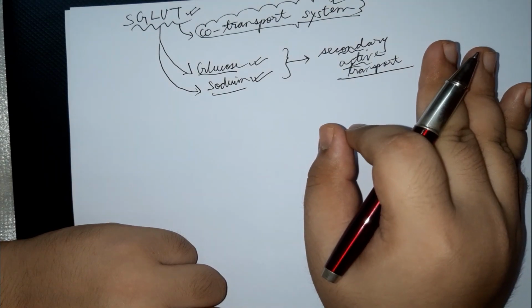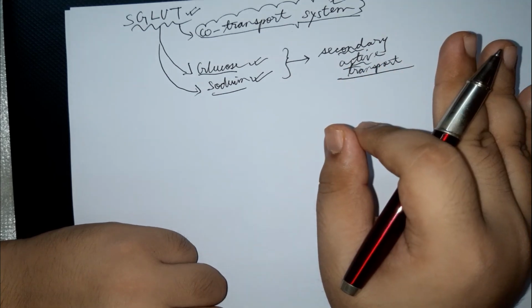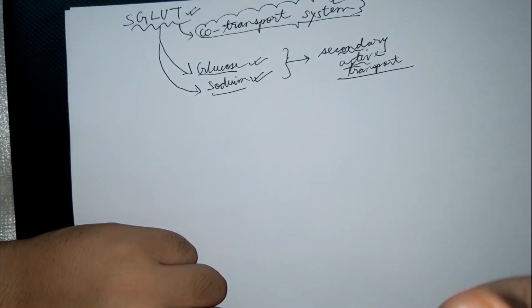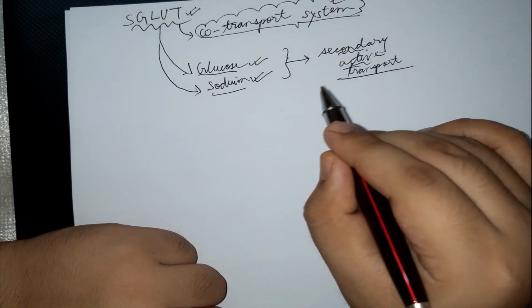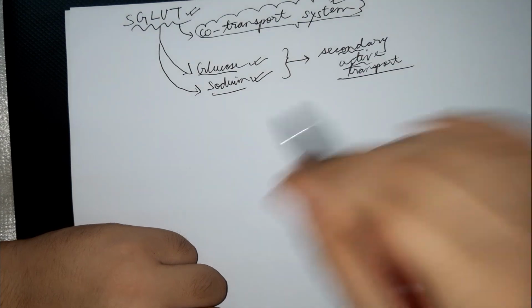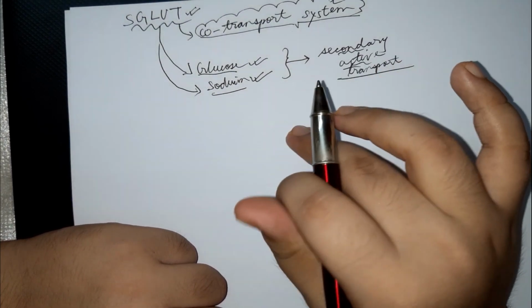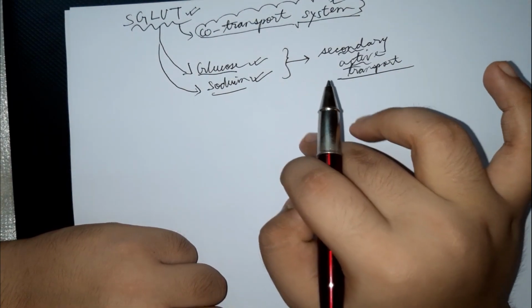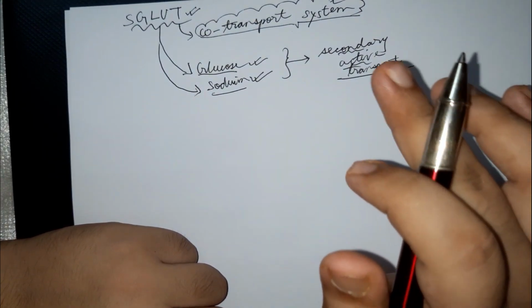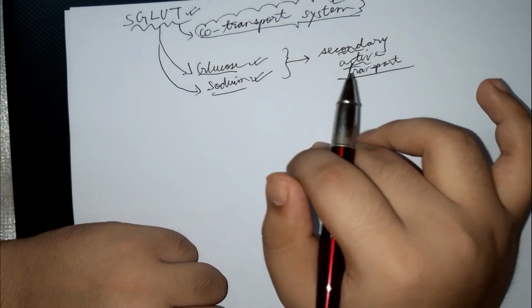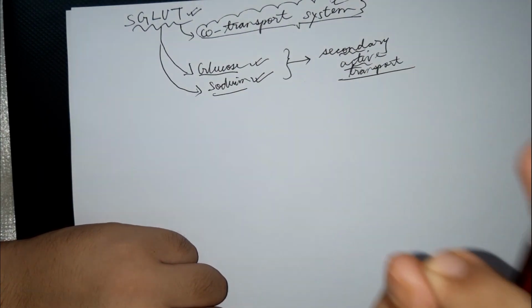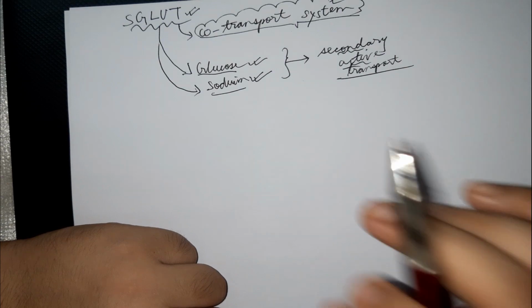Primary active transport means only that substance. For example, hypothetically speaking, the primary active transport of a particular substance X: when X is transported against its concentration gradient, ATP hydrolysis takes place, energy is utilized, and X transports against its concentration gradient. That is known as primary active transport.